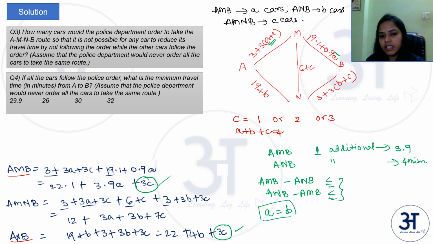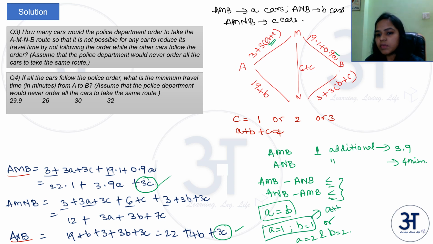So it can either be A equal to 1 and B equal to 1, or A equal to 2 and B equal to 2. In the previous case, we did not get A equal to 1 and B equal to 1 because we have this constraint that A plus B equal to 4. So this we did not get.